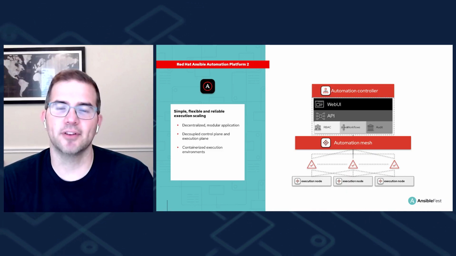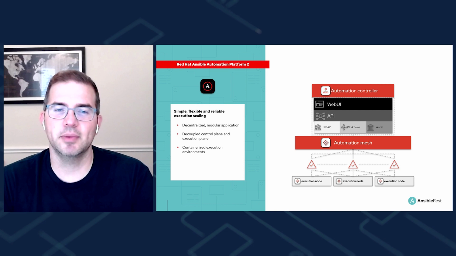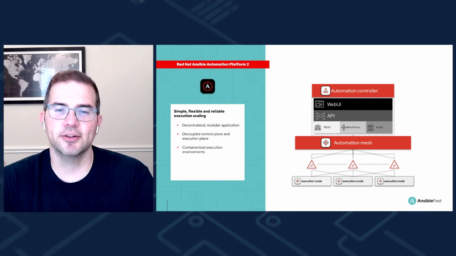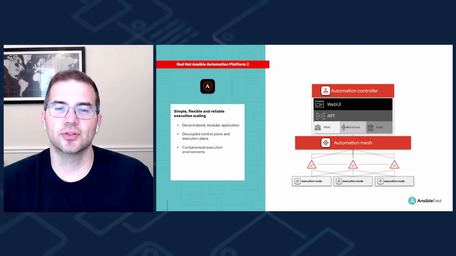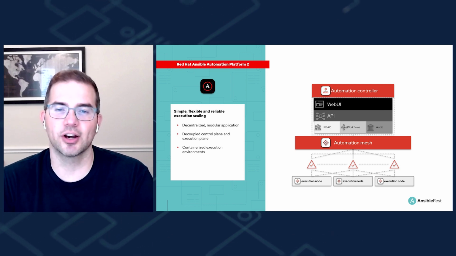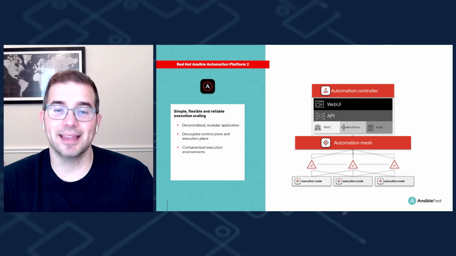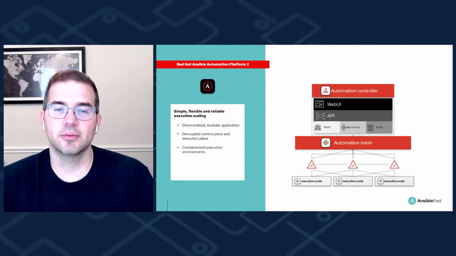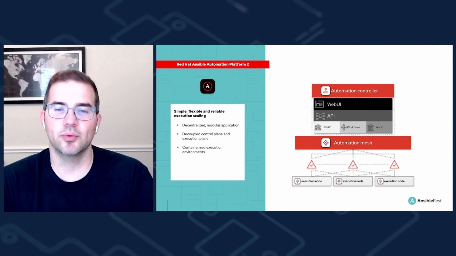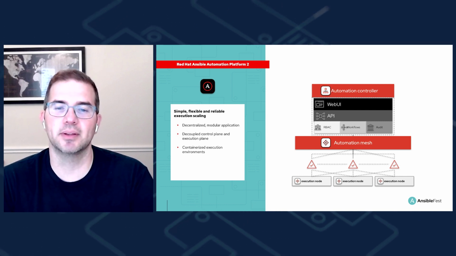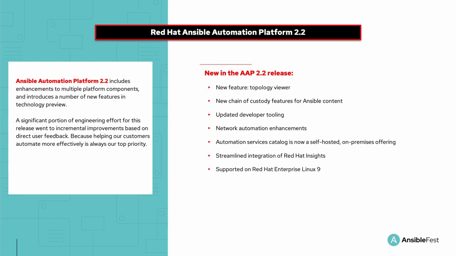With the capabilities of automation mesh. Automation mesh allows us to create peers of different execution nodes and add new execution nodes without the need to change the architecture. Not only that, but you can run your automation closer to what needs to be automated, expanding the ways you handle all forms of environments you wish to automate.